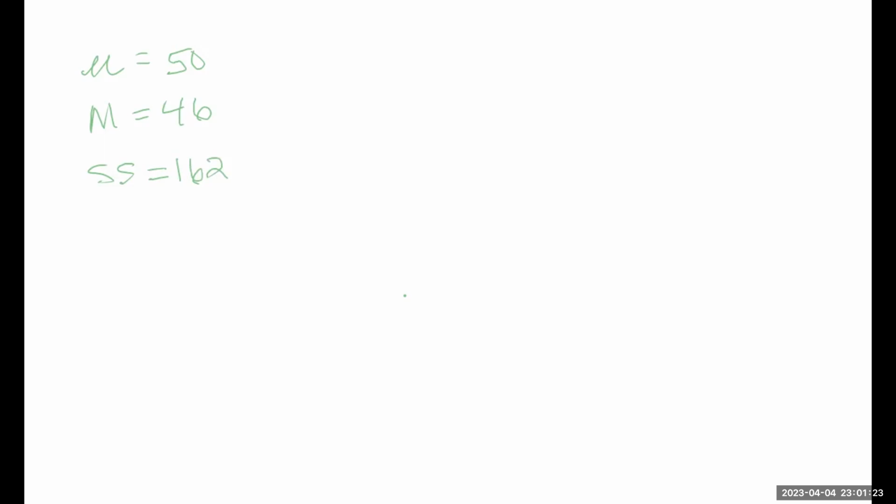Okay, so now we have to go through our steps. For step one, we set our null hypothesis and our alternative hypothesis. My null hypothesis is that the mean for e-reader equals 50. H1, the alternative hypothesis, is that the mean for e-reader does not equal 50.